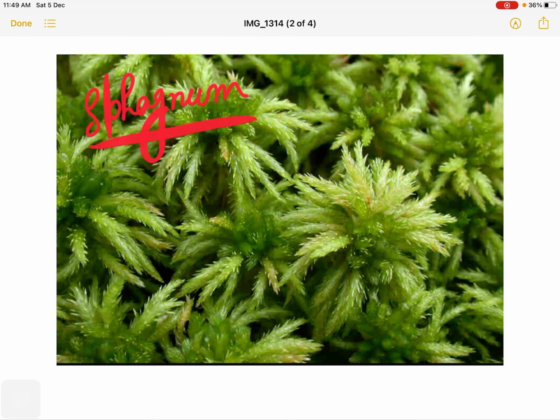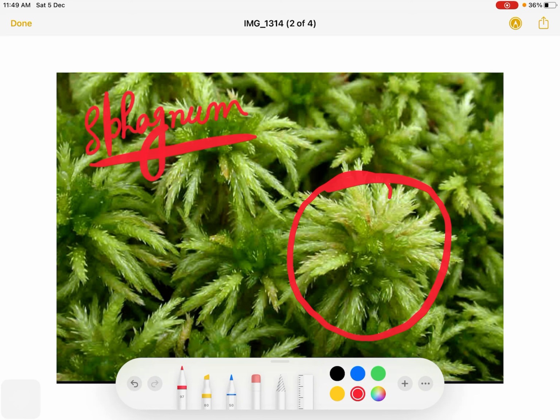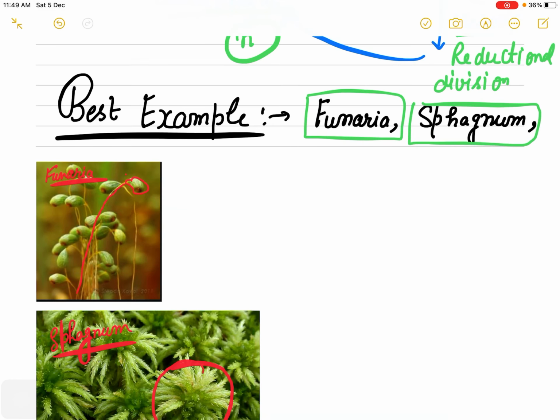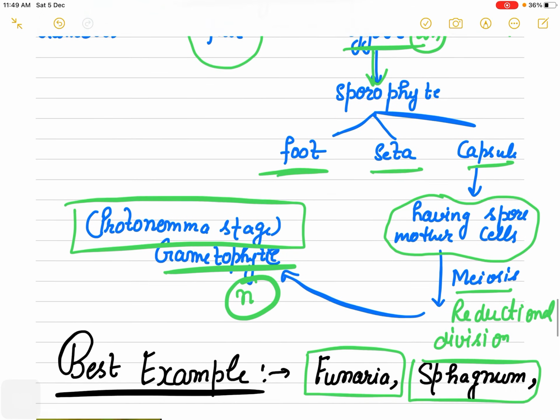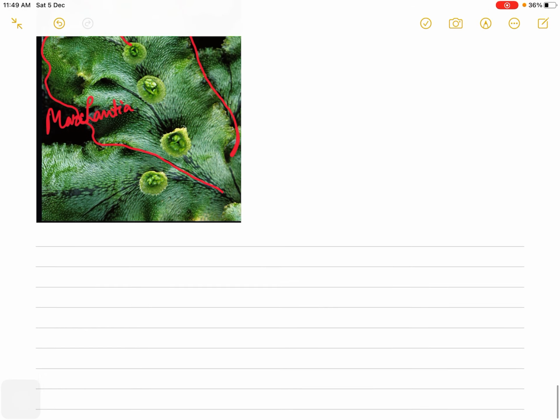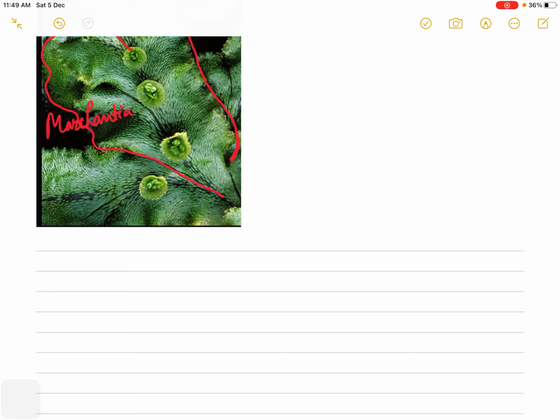And Sphagnum is leafy, right? Sphagnum, you will observe, has a leafy kind of structure. So these are the few important classes of bryophytes, that is your liverworts and mosses.